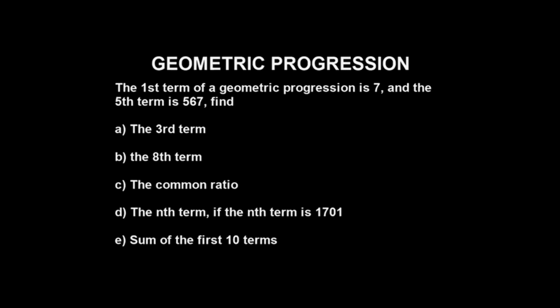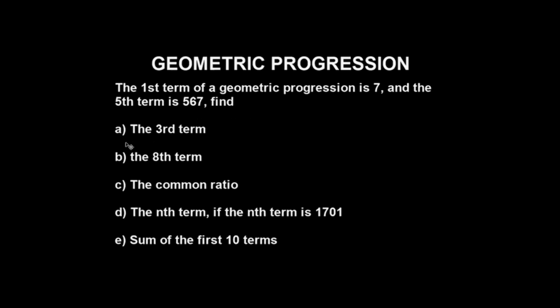Okay, so before we get the Casio calculator and go into the details of the video, let's look at the question we have here and see what we are asked to solve. Okay, the question says the first term of a geometric progression is 7 and the fifth term is 567.